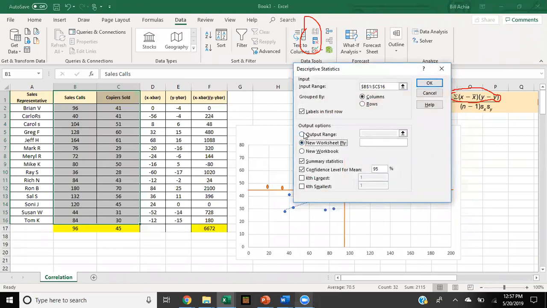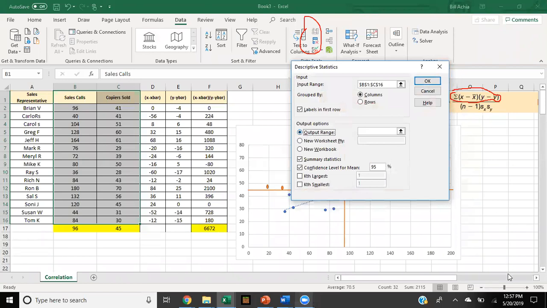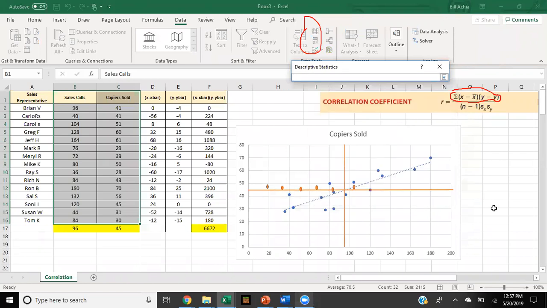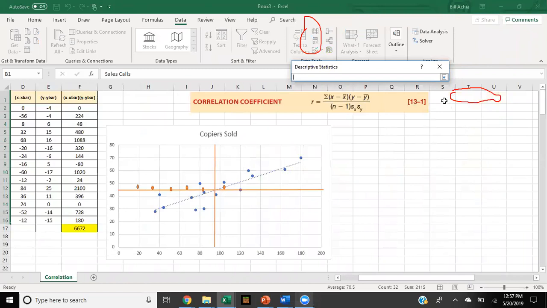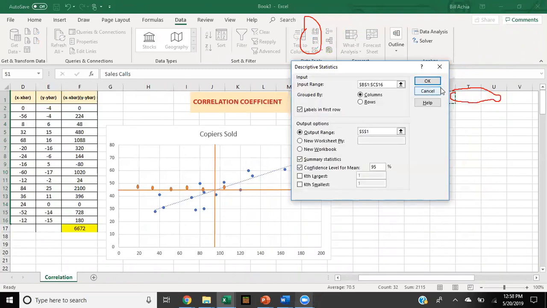No, let's do it on the same worksheet. Let's put our output in column S. Okay. And make sure that your summary statistics is checked off right here. And then click OK.